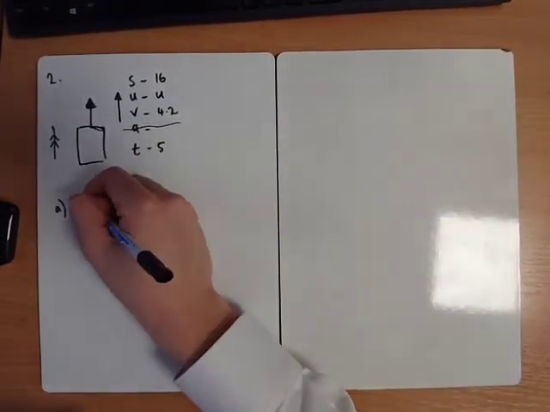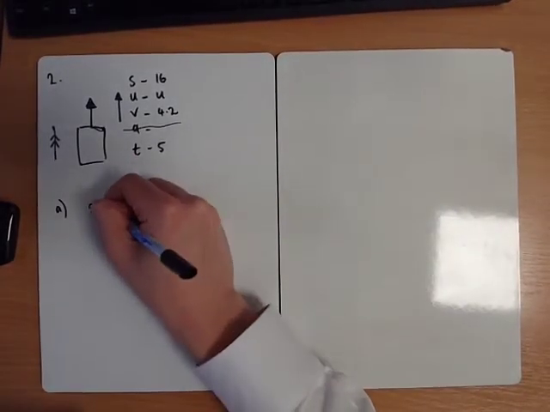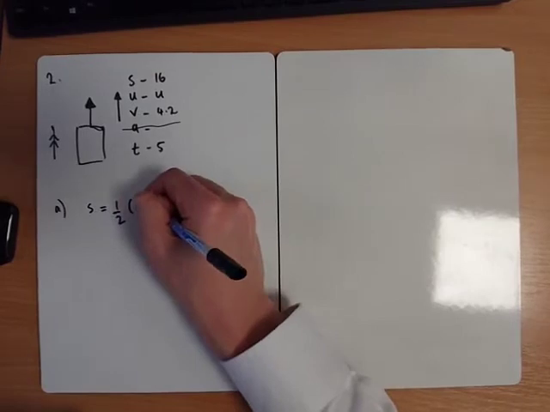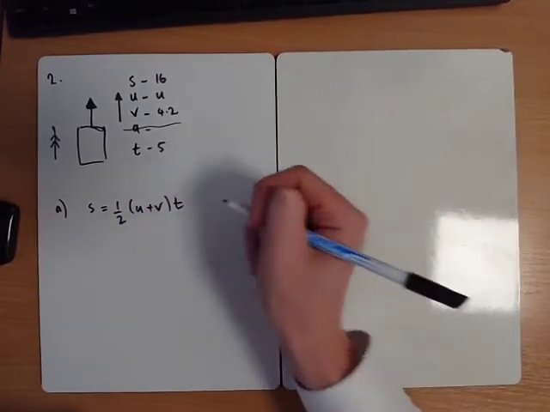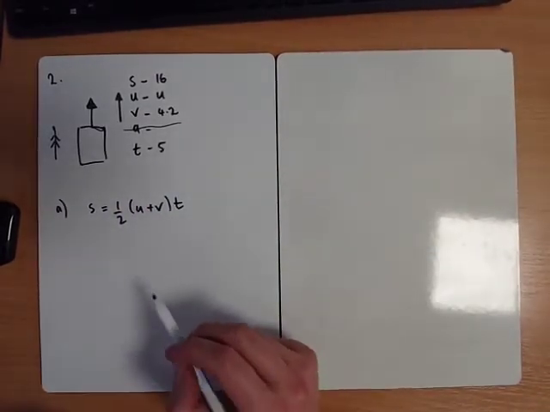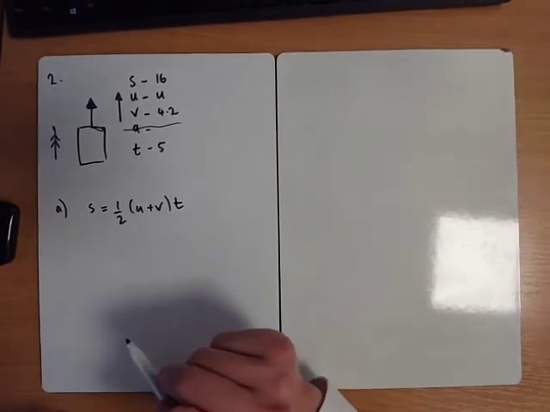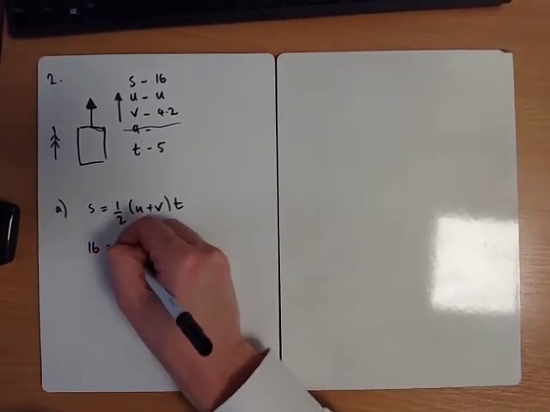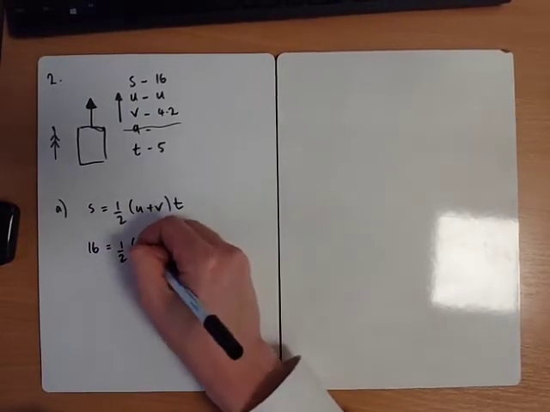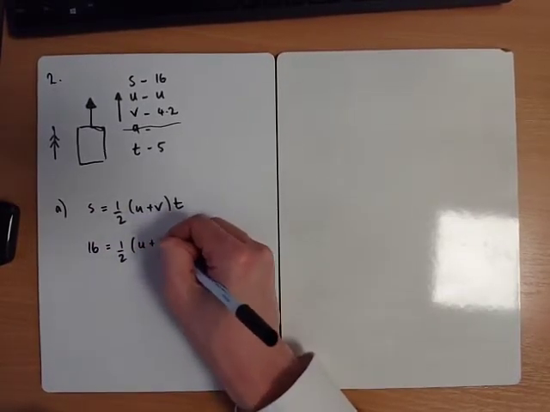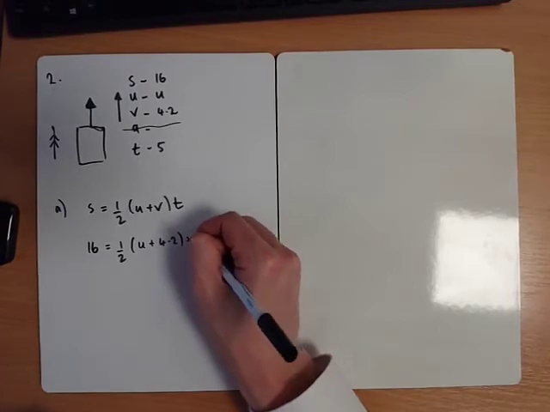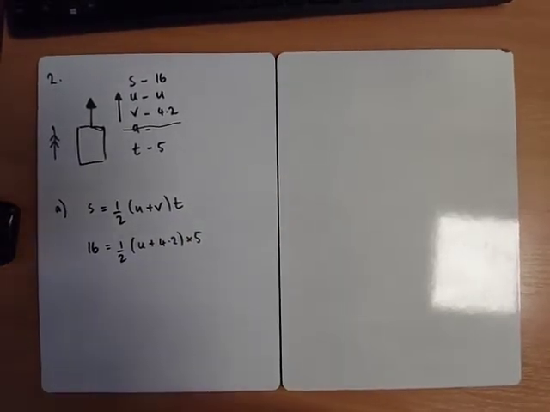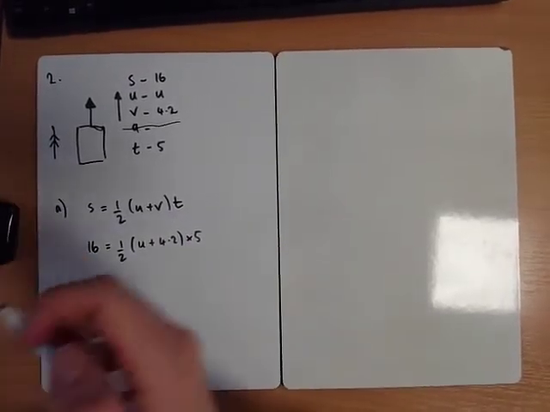The equation that we can use for this one is s equals a half (u plus v) times t, because this is the one equation that doesn't have an a in, and we don't know what a is. So we can say 16 equals a half (u plus 4.2) times 5, and then all we've got to do now is rearrange this to figure out what the initial velocity was.